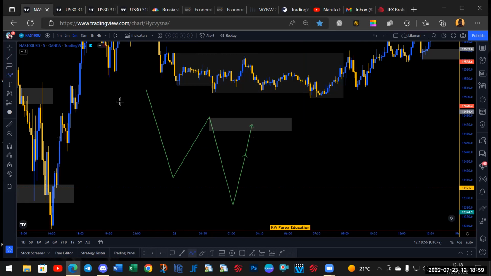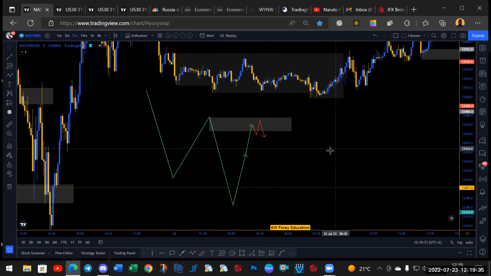So when you go on your 5 minutes, you'd want to see the 5 minutes behave something like this, after your 1 hour has mitigated your point of interest, or your 1 hour order block, still the same thing. So now when you go on 5 minutes, you want to see it do something like that, and then do that, right?